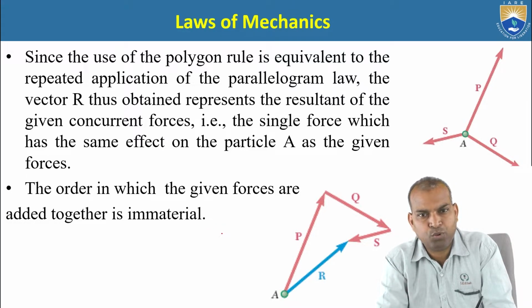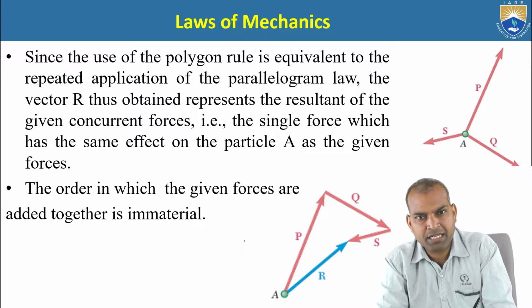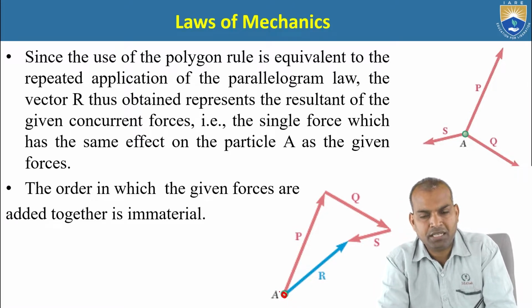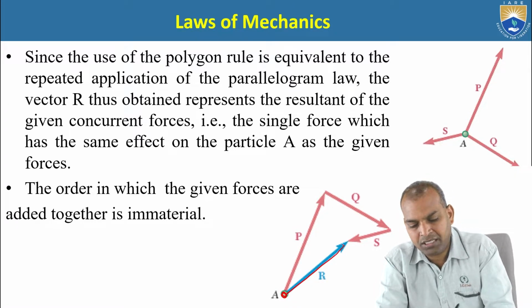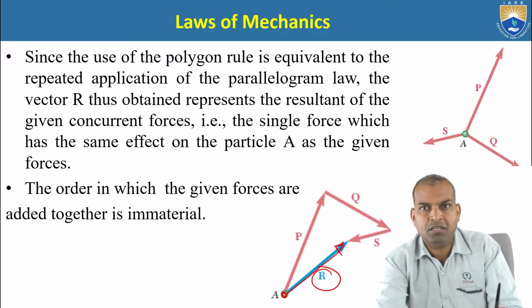But the final principle is that the closing side, from the end of the last vector to the starting point, that is the particle A, gives the resultant R, that resultant force R.